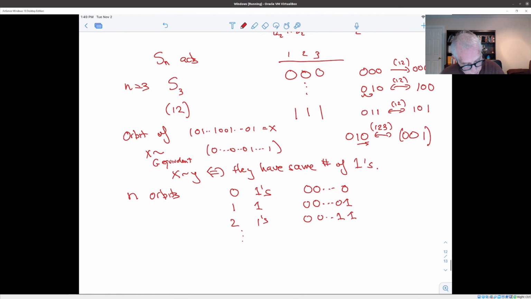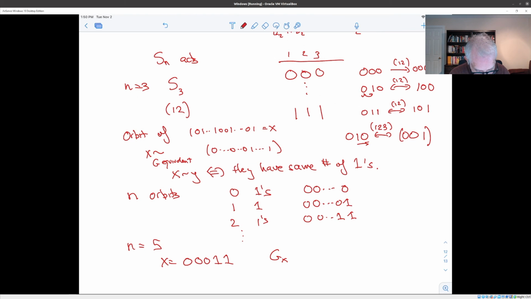What's the stabilizer? Well, let's take, for example, n equals 5 just for simplicity, and you'll see the answer. So what's the stabilizer of this element? Well, the stabilizer are the permutations which preserve this element.